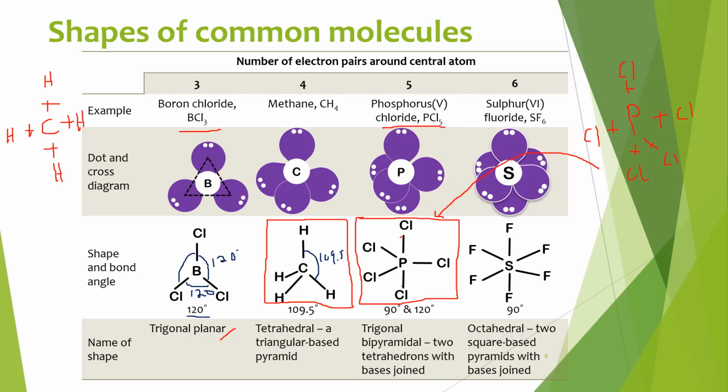The 90 degrees comes from the bottom side atom and the planar side atom. So this is 90 degrees. And the second one is 120 degrees. The 120 degrees comes from the angle between the planar side atoms. So this is 120.